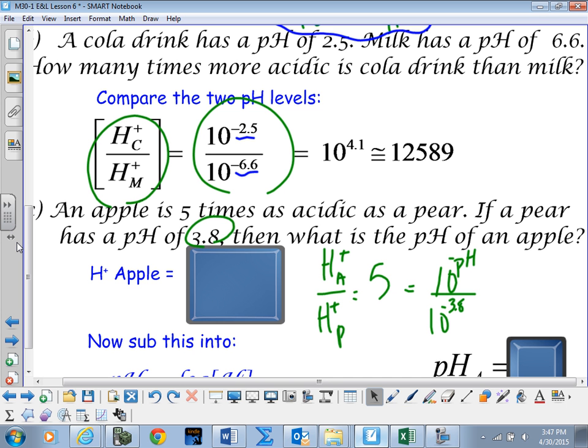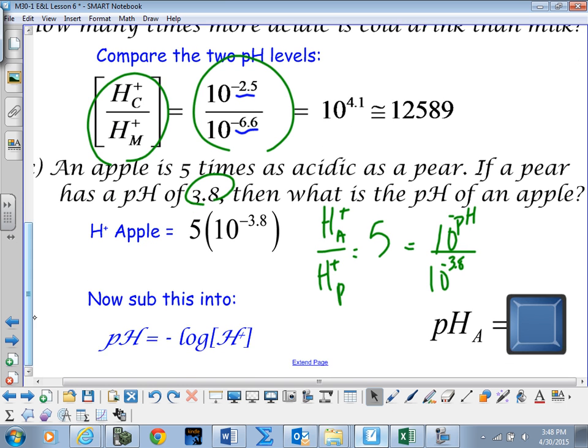In order to isolate the hydrogen concentration of the apple, we're going to multiply 5 times the 10 to the negative 3.8. That's going to give us the hydrogen concentration of the apple. And then it says, what is the pH of the apple?